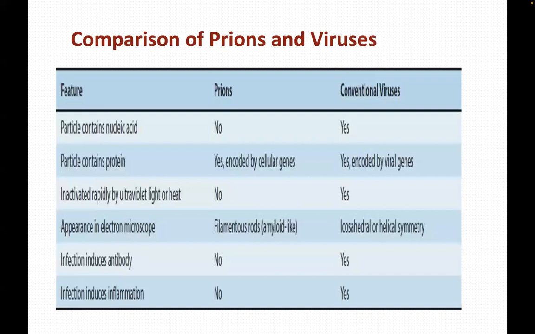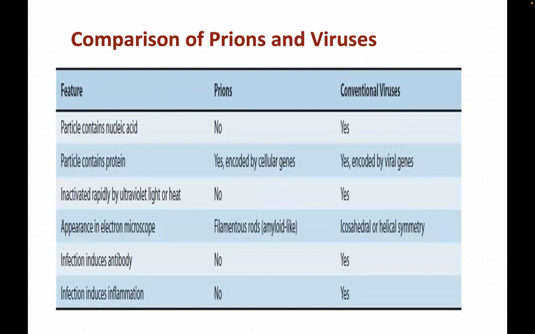So viruses are either RNA or DNA. And when you look at whether the particle contains protein, prions do contain protein, and the proteins are cellularly encoded. So these proteins for the prions are encoded by the cells of the human or the animals. Viruses also contain proteins, but the proteins are encoded on the viral genome.